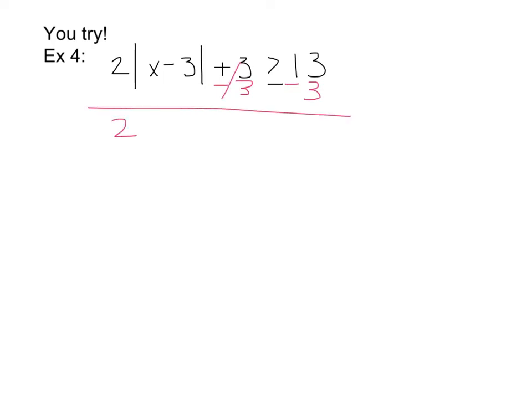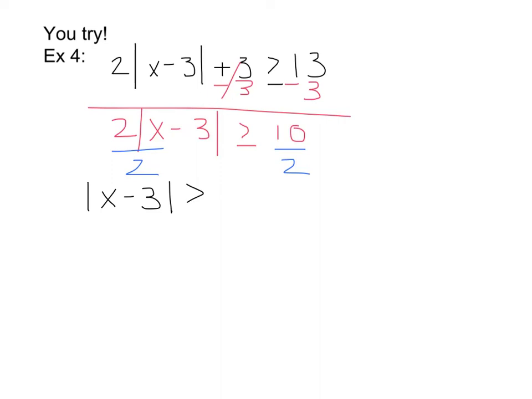So that gives me 2 times the absolute value of x minus 3 is greater than or equal to 10. To get rid of your 2, you divide both sides by 2. Remember, you cannot distribute through absolute value bars. So that gives me the absolute value of x minus 3 is greater than or equal to 5.